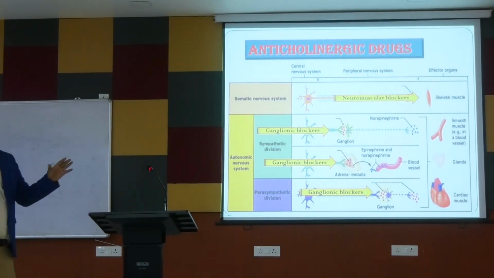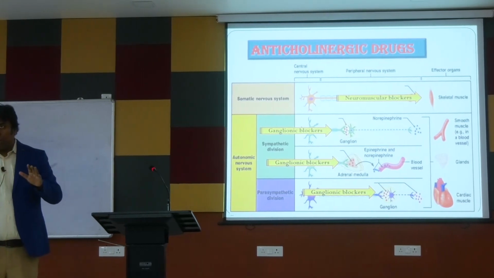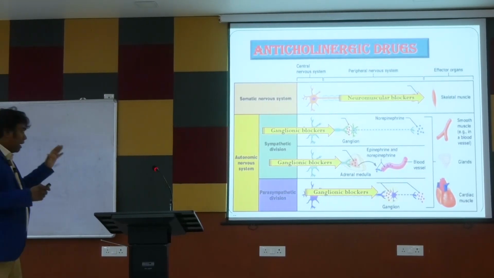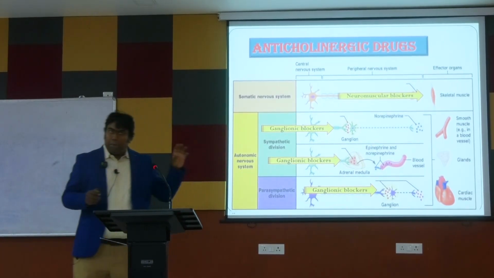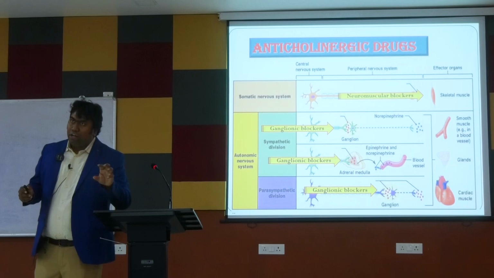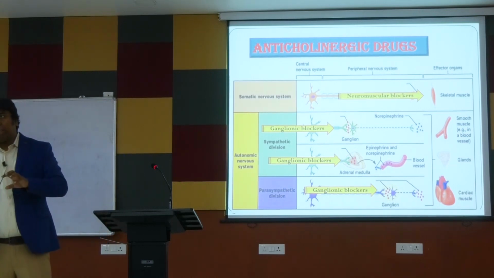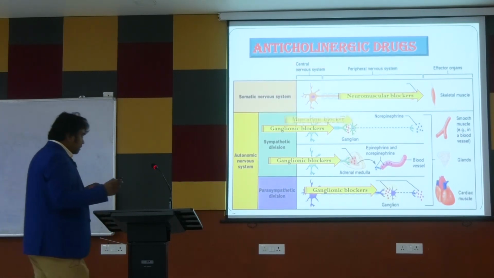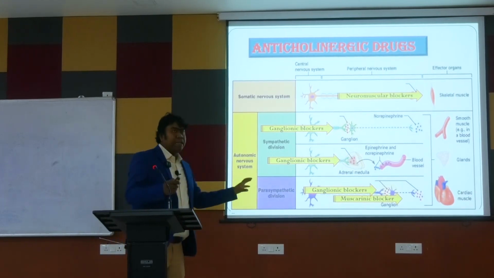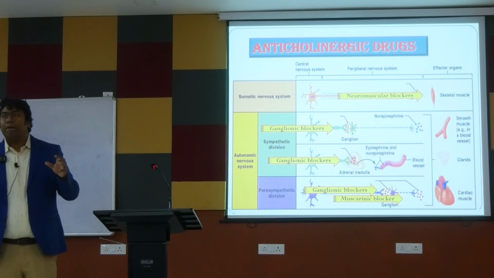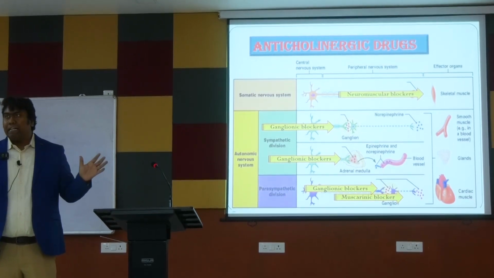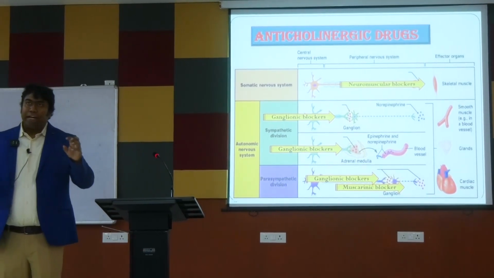They are blocked by neuromuscular blockers, whereas ganglion blockers block different ganglia, it may be sympathetic ganglion, it may be parasympathetic ganglion, and the rest are muscarinic blockers. Atropine is the main muscarinic blocker. So there are different regions where acetylcholine can act as a neurotransmitter.